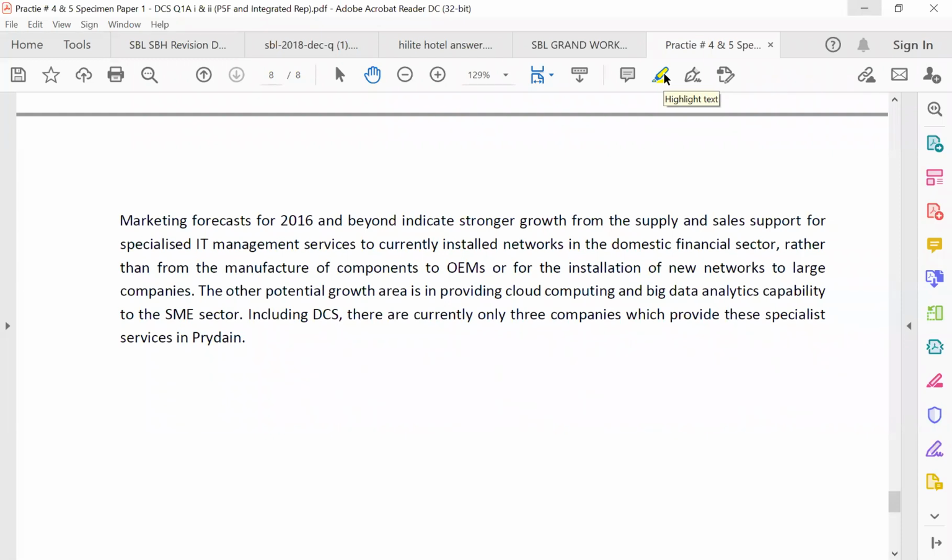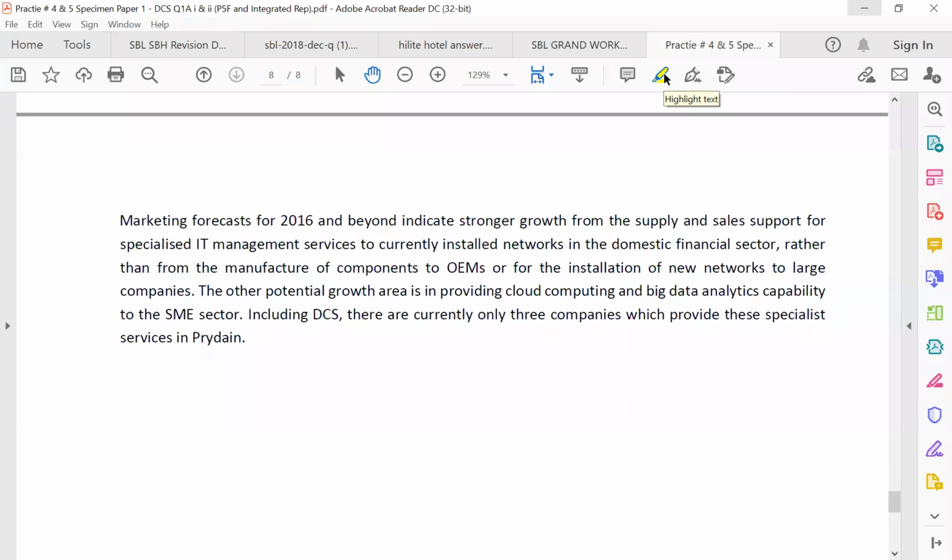Marketing forecast for 2006 and beyond indicates stronger growth from the supply and sales support for specialized IT management services to currently installed networks in its domestic financial sector, rather than from the manufacture of components to OEMs or for the installation of new networks to large companies.